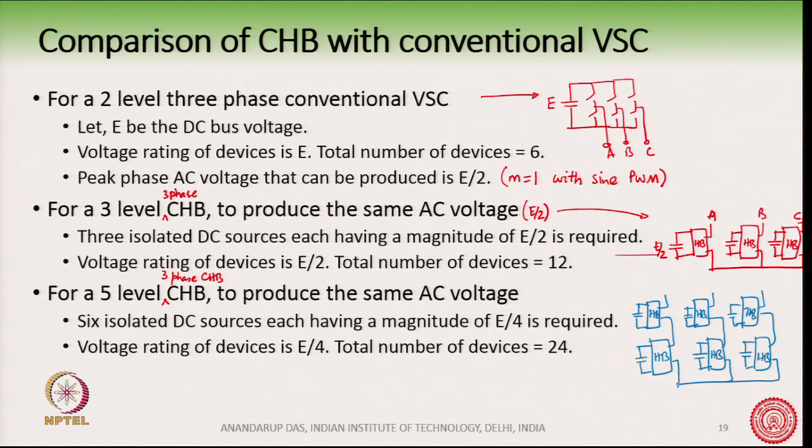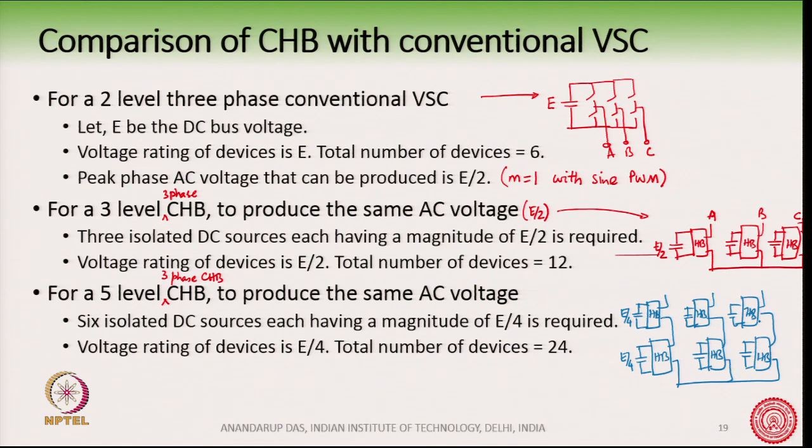But to produce the same AC voltage, now all voltages must be E by 4. But again the major challenge is that we require 6 isolated DC sources.